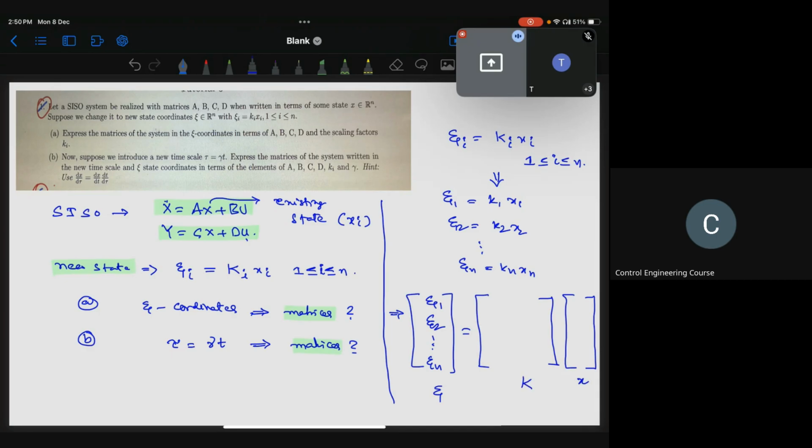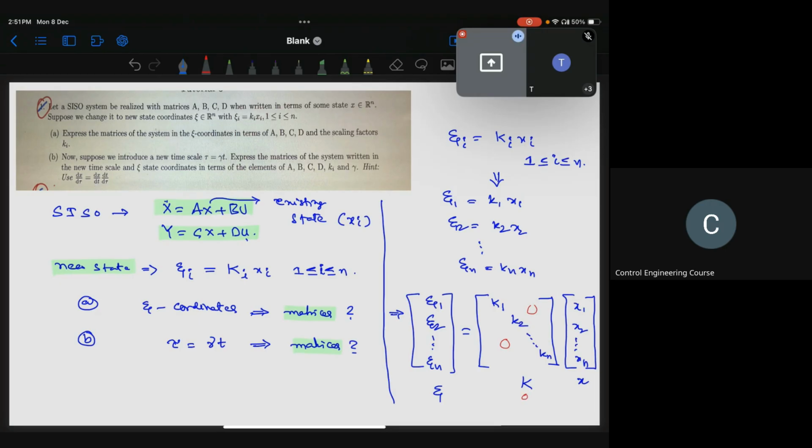We have to write the matrix form in such a way that these equations are satisfied. So we write k1, k2, and so on in diagonal form, multiplied by x1, x2, up to xn. All the other terms become 0. That means your K matrix is a diagonal matrix.